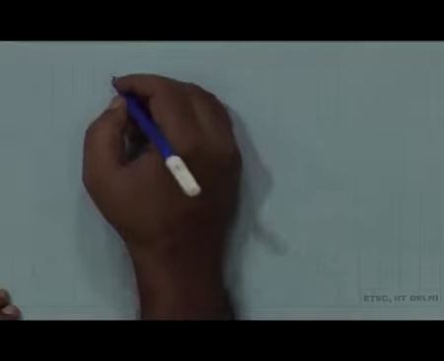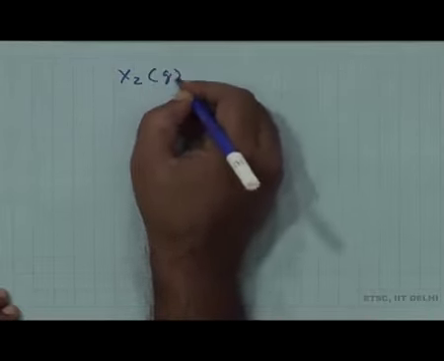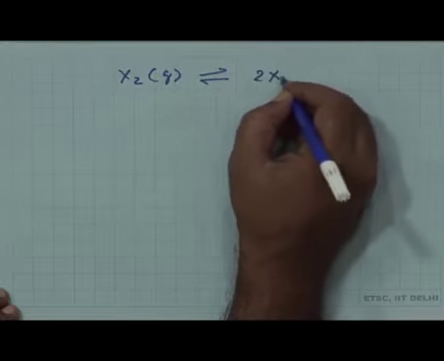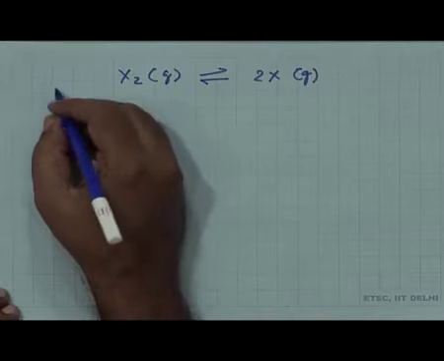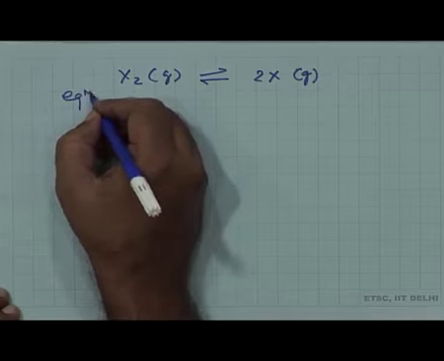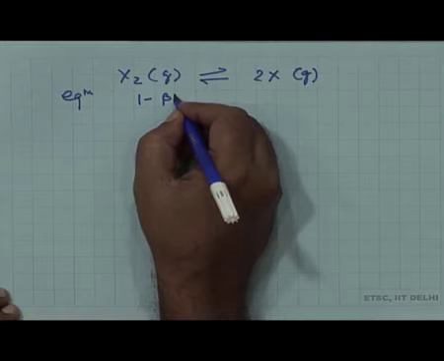So, what we have calculated is the equilibrium concentration for the reaction, X2 gas going to 2X gas. This is the reaction and we already calculated the equilibrium concentration or number of moles at equilibrium.